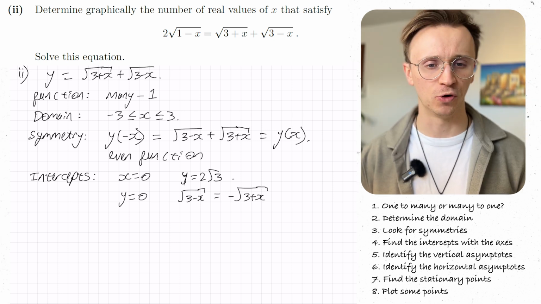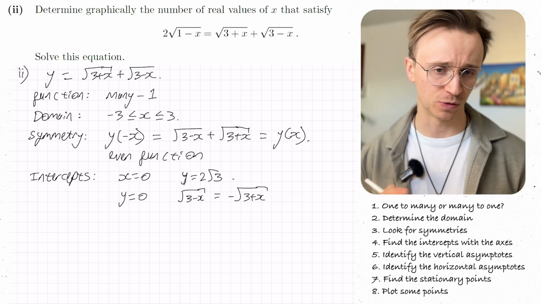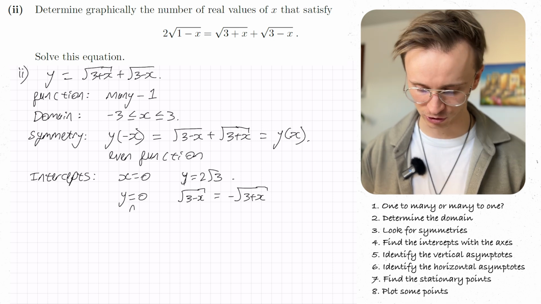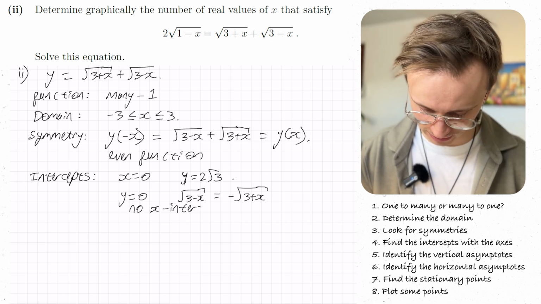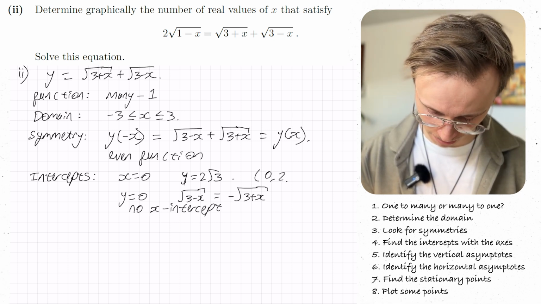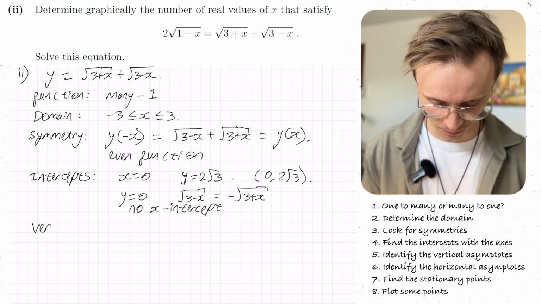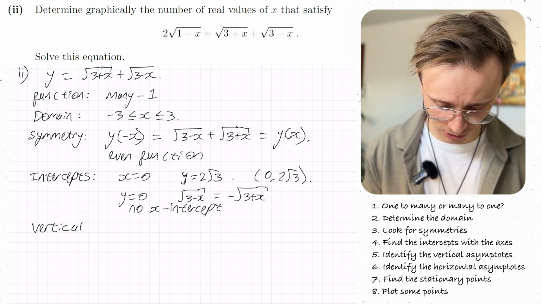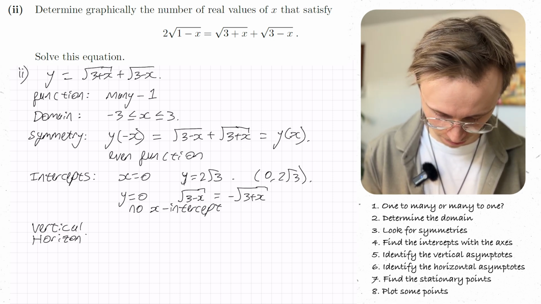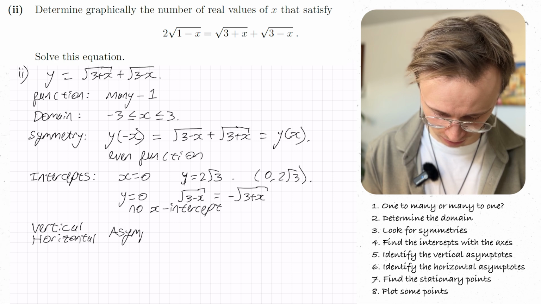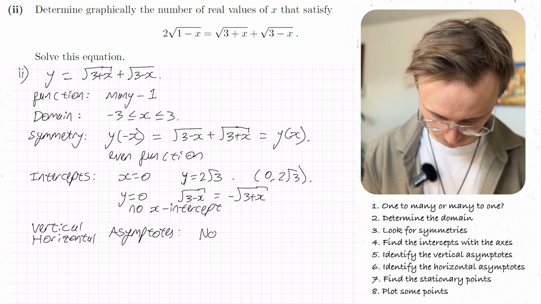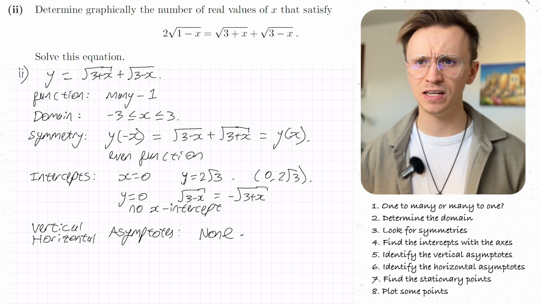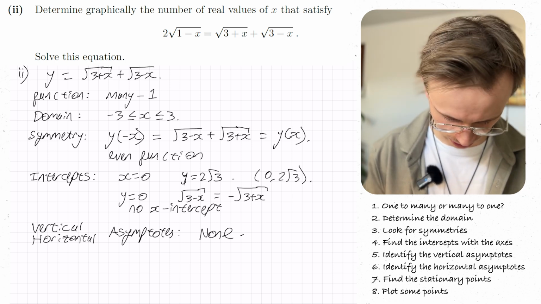And there's no x where both sides are 0, so because one's positive and one's negative, we again get no solution. So there's no x intercept. So vertical and horizontal asymptotes. Again, there is none. That's pretty easy.